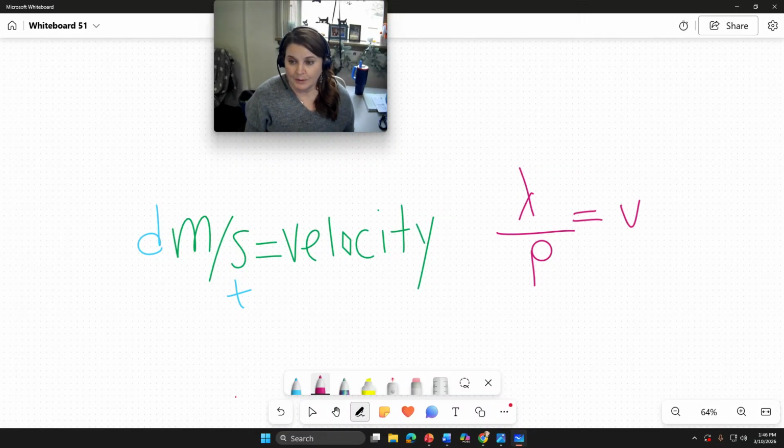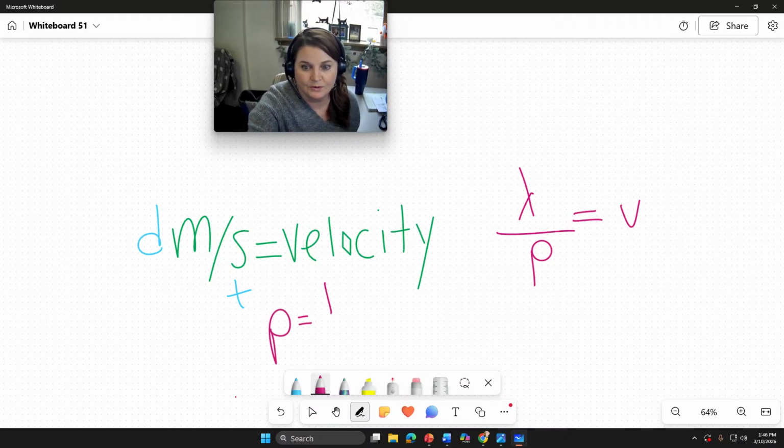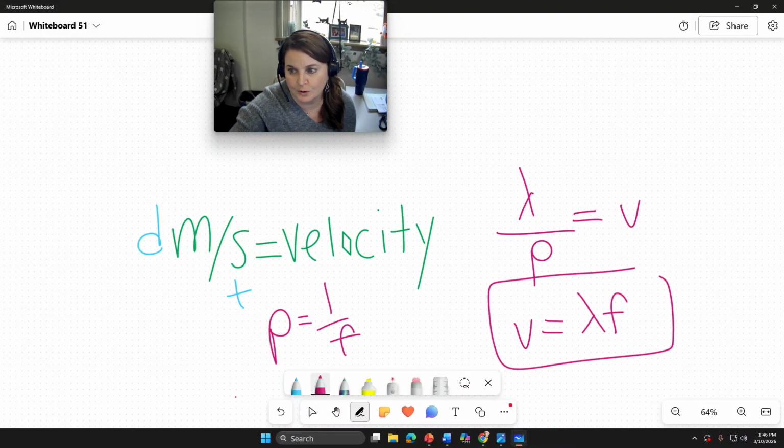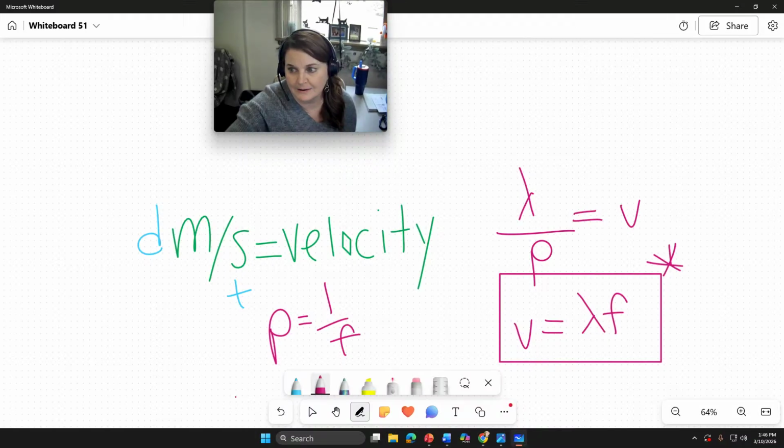But remember, period is equal to 1 over the frequency. So I can substitute 1 over f for period, and you end up with velocity equal to frequency times wavelength. This is probably the most commonly used formula for the velocity of a wave.